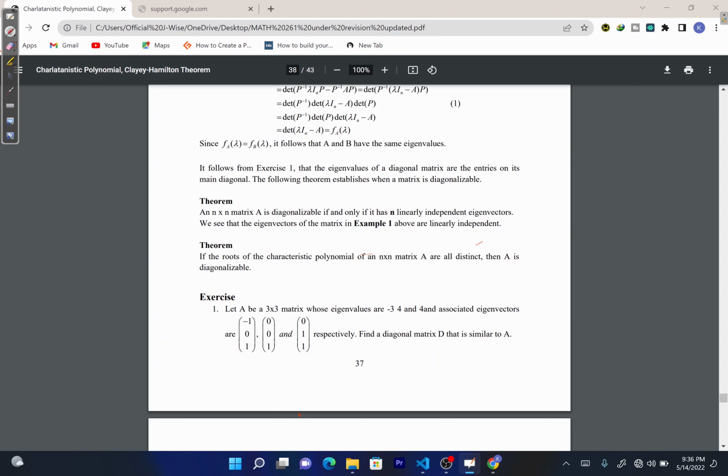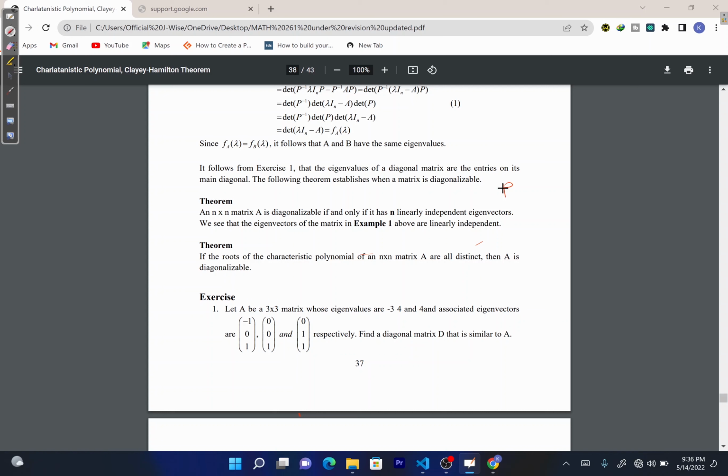In simple words, we know that the columns of matrix P are the eigenvectors of matrix A. So if the eigenvectors of matrix A are linearly independent, it means that when you use the eigenvectors to form your matrix P, I earlier said that the columns of matrix P are the eigenvectors of matrix A.